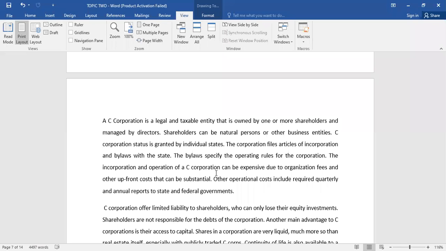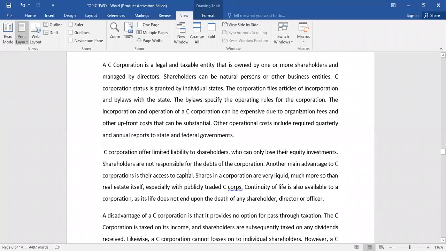So the incorporation and the operation of the C corporation is expensive due to the nature or the structure of the organization. So we have that upfront cost that is involved, or the formative costs are relatively higher. And we do also have the operational costs that will involve a lot of reporting. The management reports are supposed to be done either monthly, some quarterly, half annually, others annually.